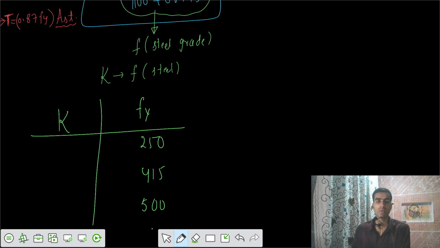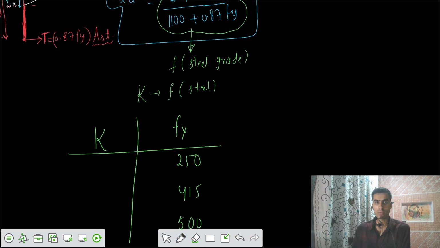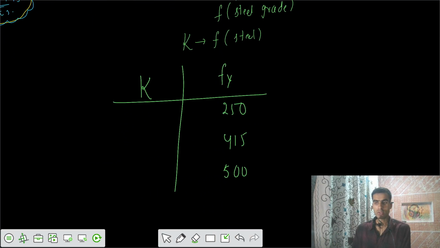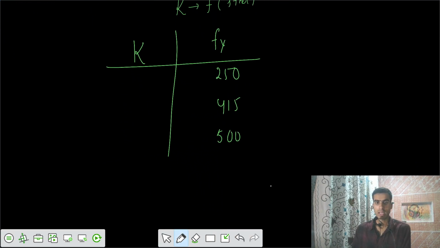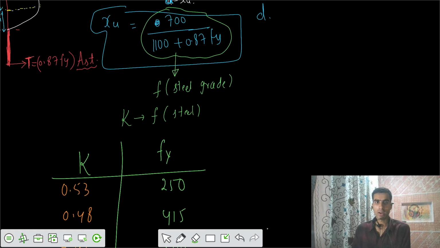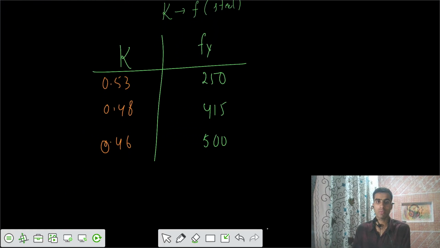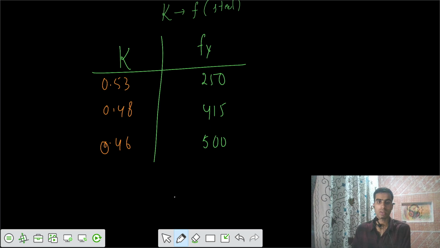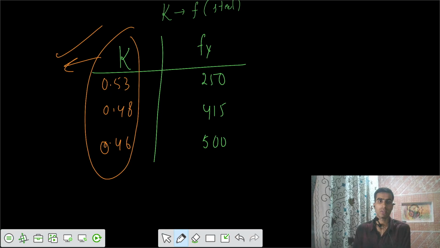By the IS code, we finally make them equal to 0.53, 0.48, 0.46. So if you substitute 250, 415 and 500, you get these values. These three values are critical values we have to use for our calculations.